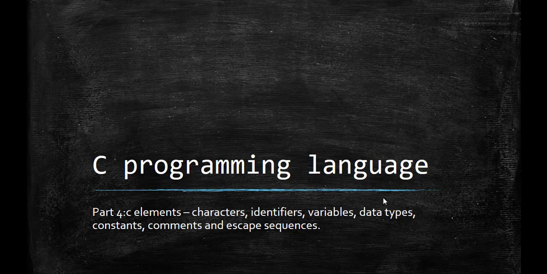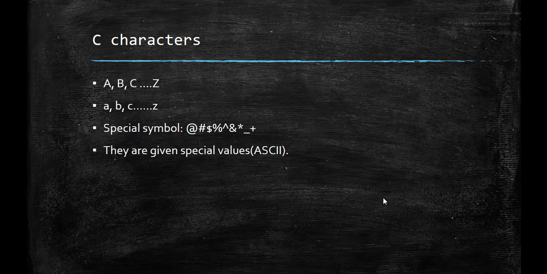This is part 4 of my C programming language tutorial, which is about elements in C. The first thing is C characters. C is made up of uppercase A to Z characters and lowercase a to z characters, plus some special symbols. These are the only characters of which C is made up at the basic level, and each character has a special value called an ASCII value.